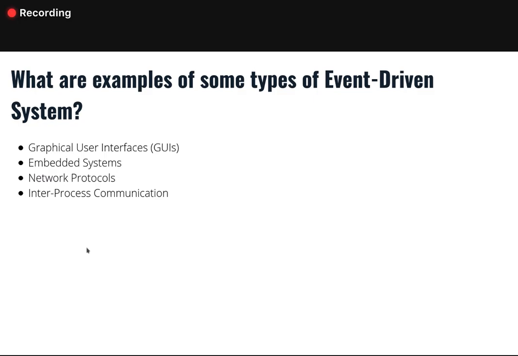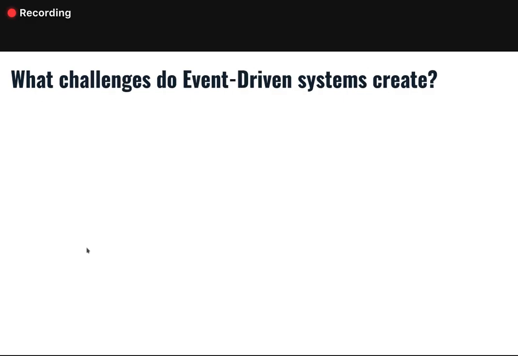You may have done some graphical user interface programming throughout your degrees thus far, but a lot of the programming that you might have done might have been completely different. So we're going to focus on the different things that we should be watching out for as part of dealing with event-driven systems.